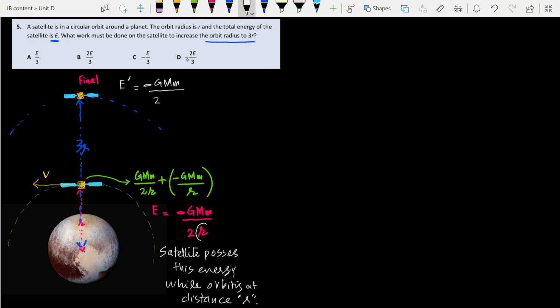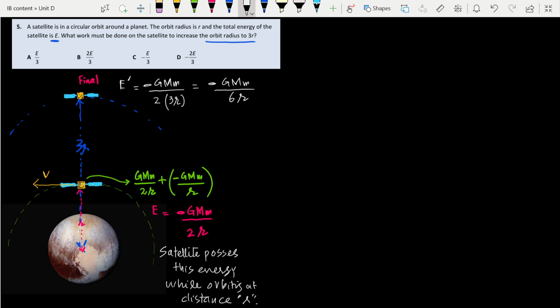I'm just changing the orbital distance, because we always write the orbital distance at this place. The orbital distance is now 3r, because this is a general formula. So the total energy will become negative GMm over 6r.